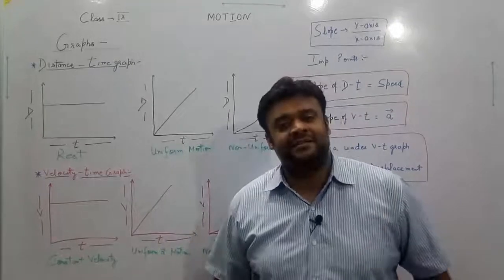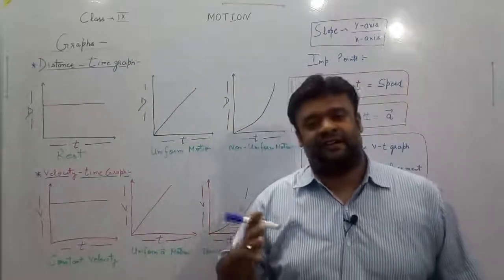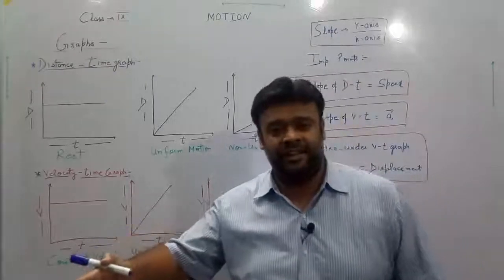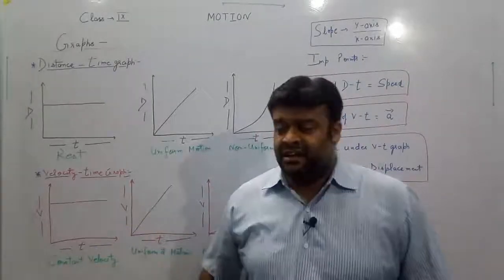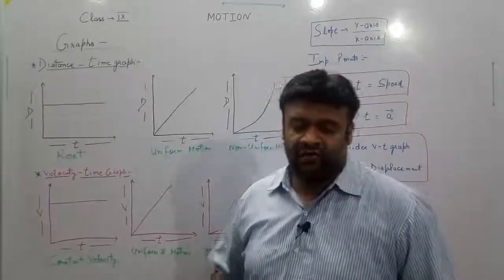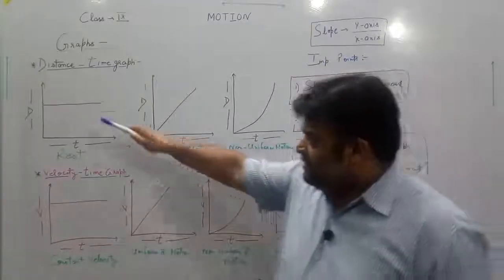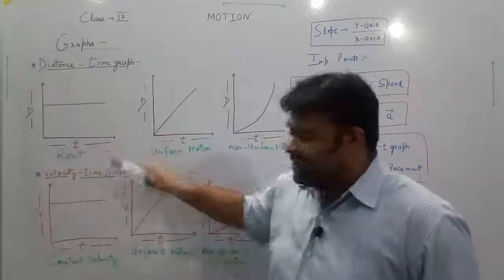What is a distance time graph? On one axis distance is represented and on the other axis time is represented. We have to study three important conditions of the distance time graph.